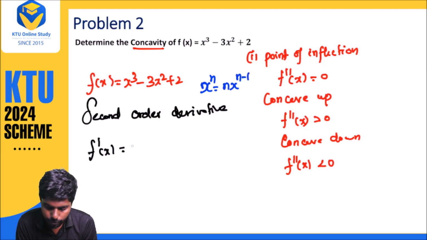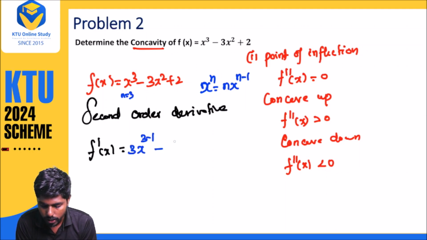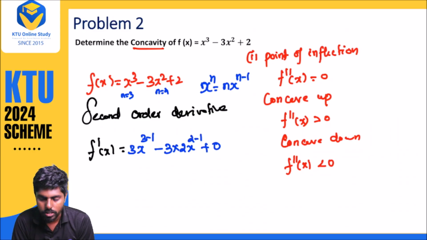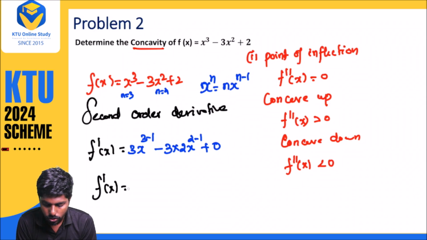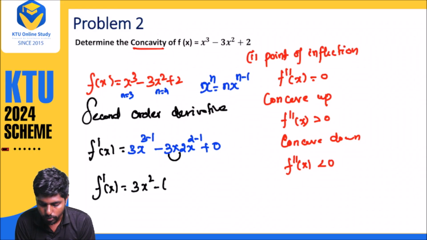Here n equal to 3, so 3 into x power 3 minus 1, minus 3 into, here n equal to 2, so 2 into x power 2 minus 1, plus 0. The constant term becomes 0. So f dash of x is equal to 3x square minus 6x power 1 plus 0.